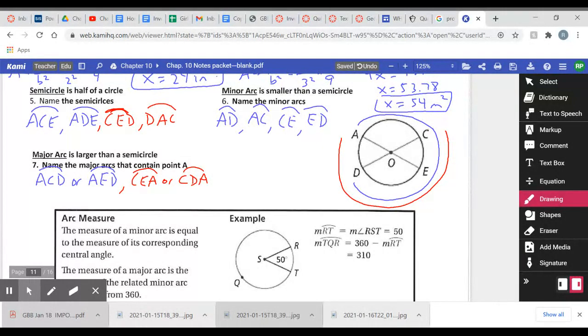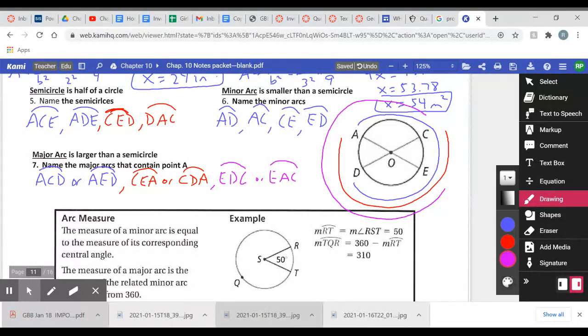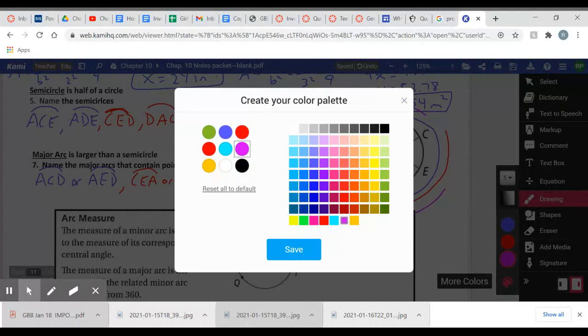Another option would be EDC. So from E to D to C all the way around. EDC would be the same thing as EAC.